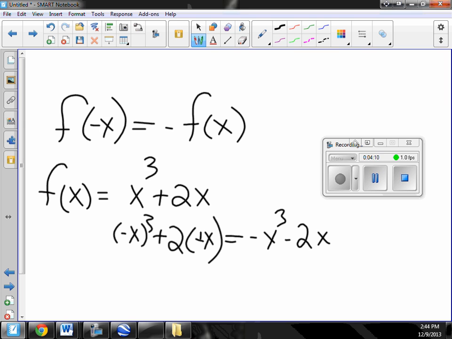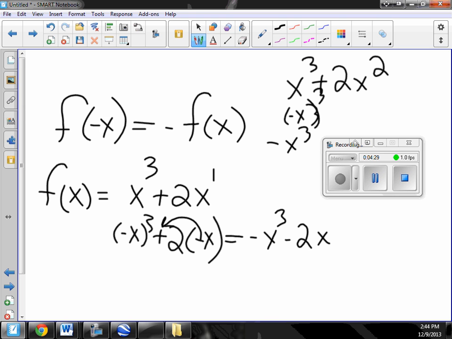Notice all of my exponents are odd. I had x to the third plus 2x. Make this negative, swap negative x to the third. Make this negative, I have negative x squared.